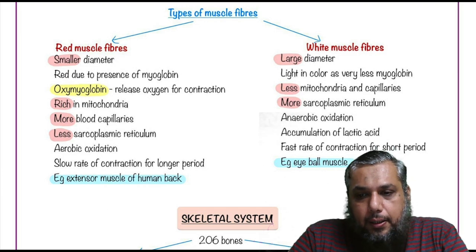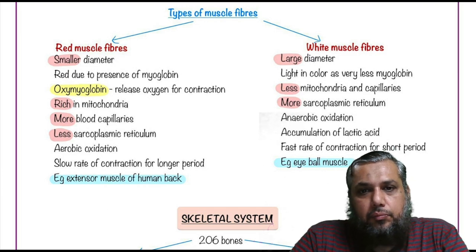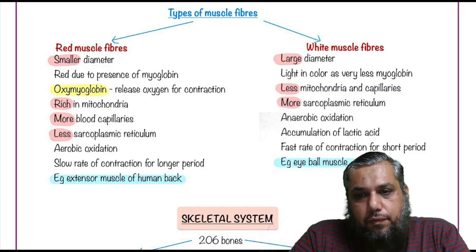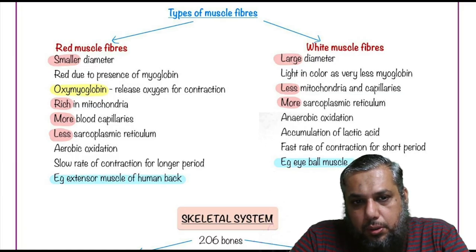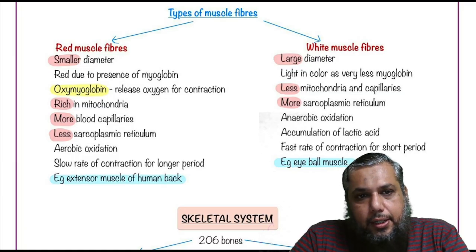The types of muscles. If the sarcoplasm shows the presence of a lot of myoglobin, it is reddish in color.